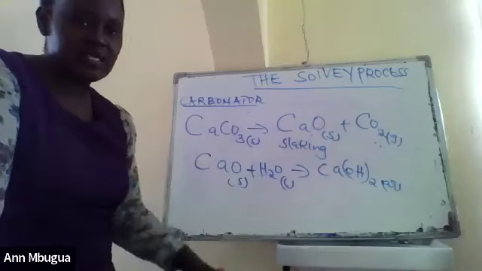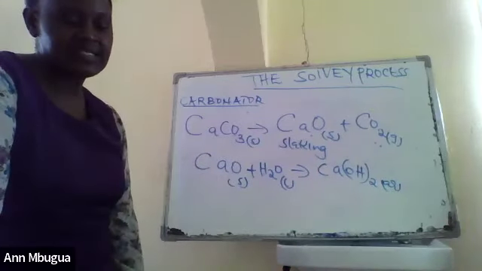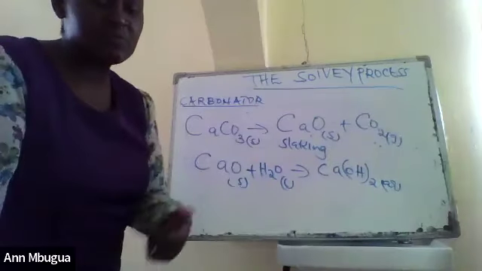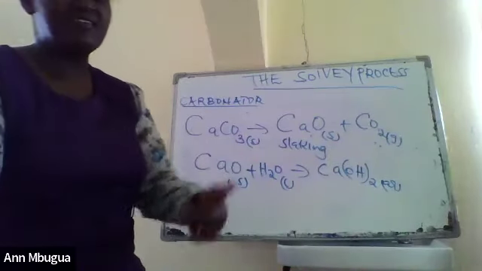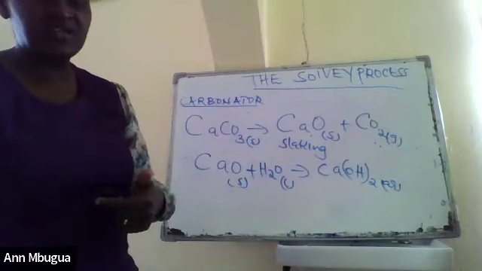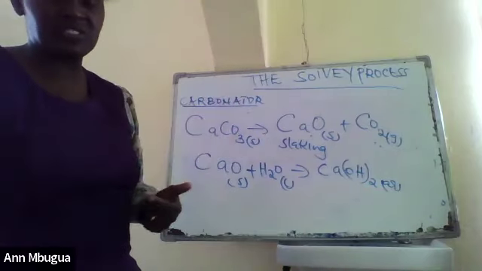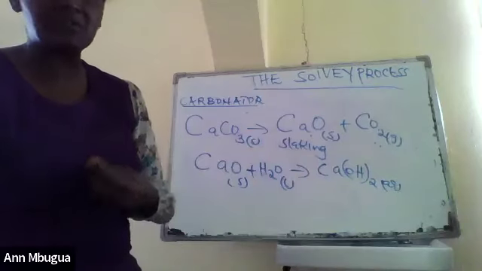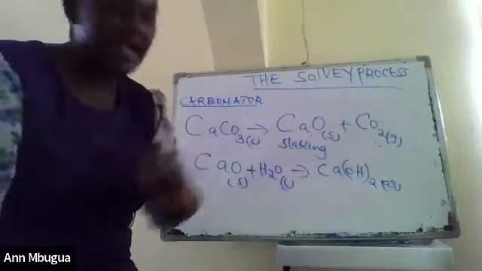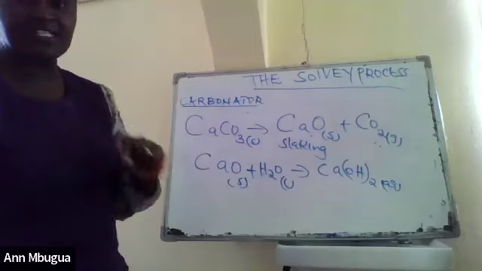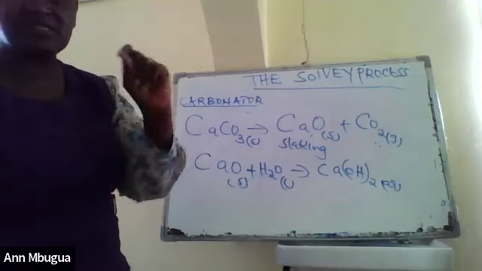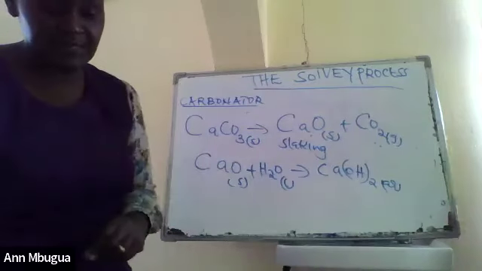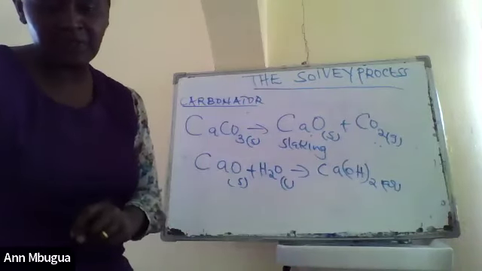This calcium hydroxide, remember in the equation in the carbonator, we got sodium hydrogen carbonate and we got ammonium chloride. Sodium hydrogen carbonate is the one that decomposes to give sodium carbonate. What about ammonium chloride? This is the one that reacts with the calcium hydroxide. Where did the calcium oxide come from? It came from decomposing the calcium carbonate.